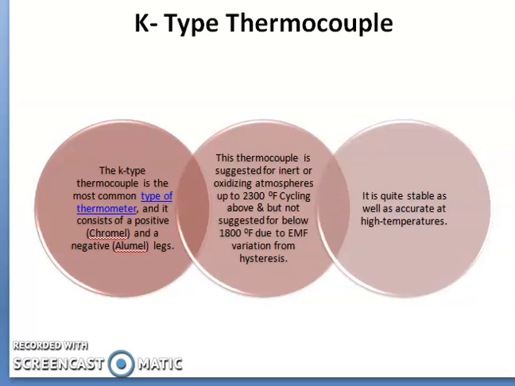This thermocouple is suggested for inert or oxidizing atmospheres up to 2300 degrees Fahrenheit, cycling above, but not suggested for below 1800 degrees Fahrenheit due to EMF variation from hysteresis. It is quite stable as well as accurate at high temperature.